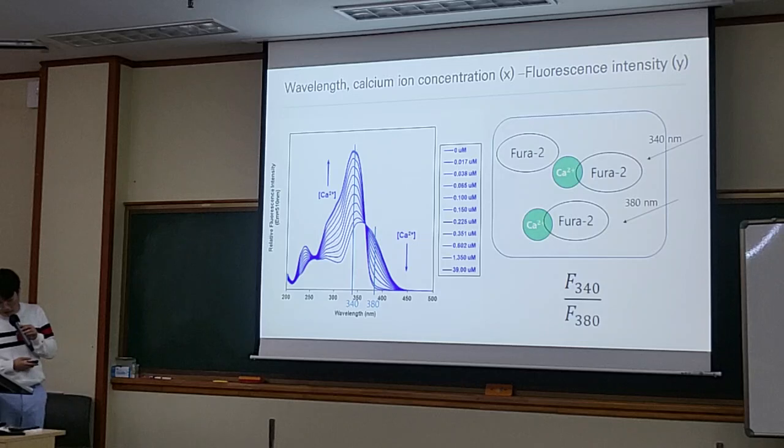Usually, if you plot wavelength along the x-axis and the fluorescent emission on the y-axis, this one goes down and this one goes up. Remember this graph. So we've got a lot of FURA2 in the cytoplasm right now.